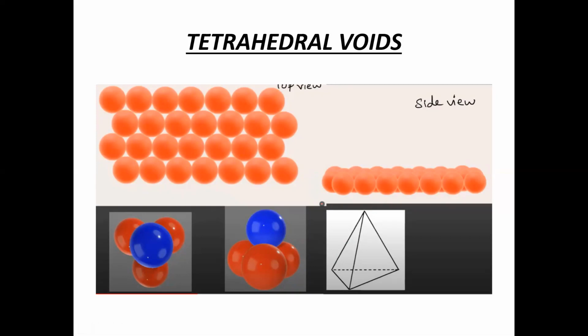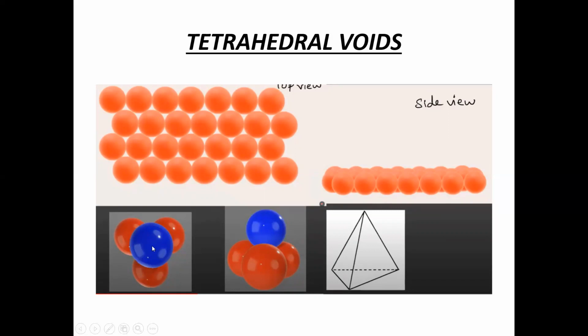While arranging the atoms like that, we see some gaps in between the atoms. These we call voids. The upside triangle void we call the tetrahedral void, and the downside triangle void we call the octahedral void.